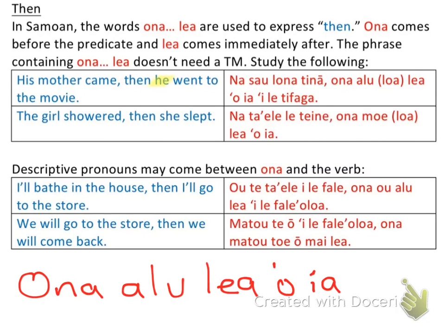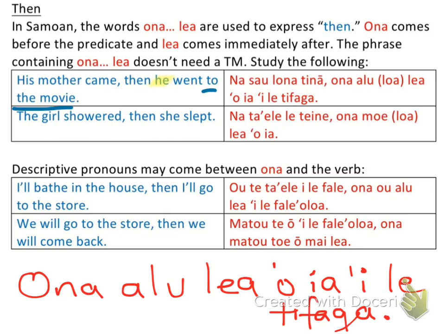Then the next part is going to normally be the object, or the prepositional phrase, and that in this case is to the movie, and so this will be e, lay, and with space issues, I'm going to write here, tifanga, okay? So, ona alu lea o ia ile tifanga.